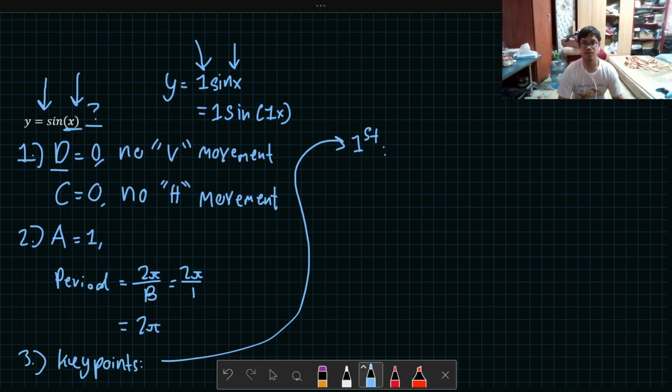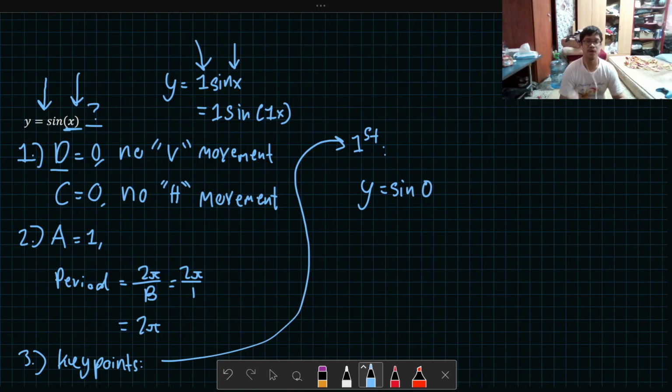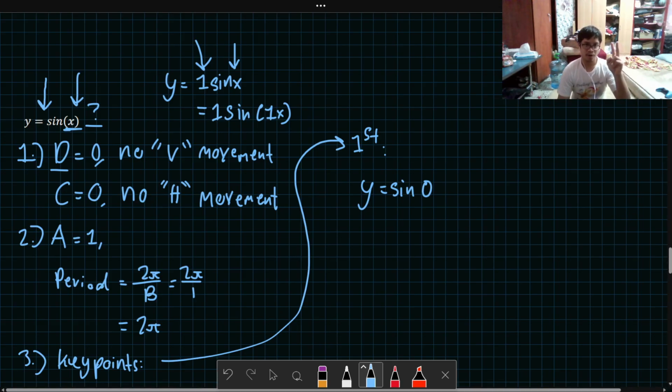Because, assume that we have a sine function, for example this one. Let's say you have an input of zero. What does it mean when your input is zero? There are two interpretations.